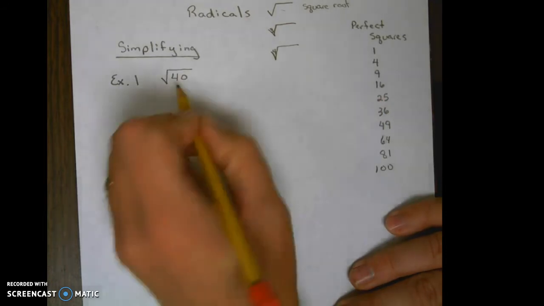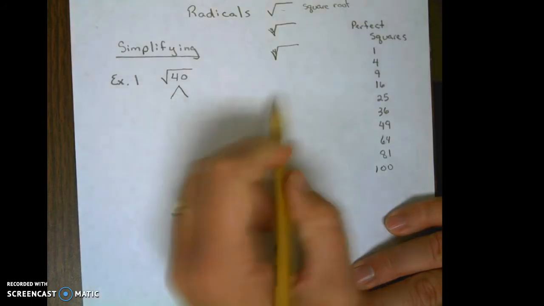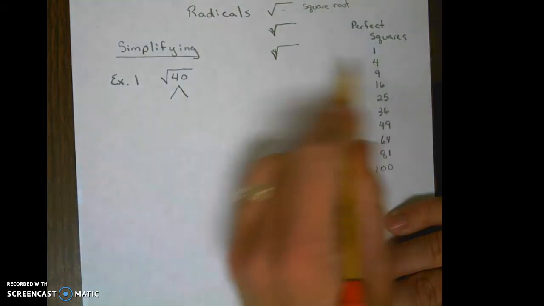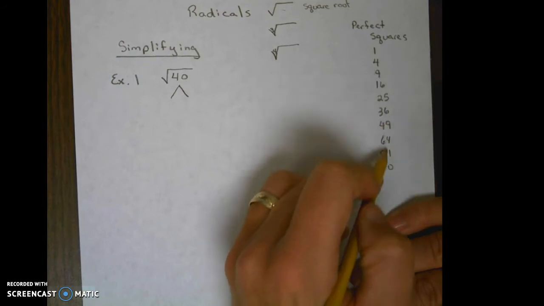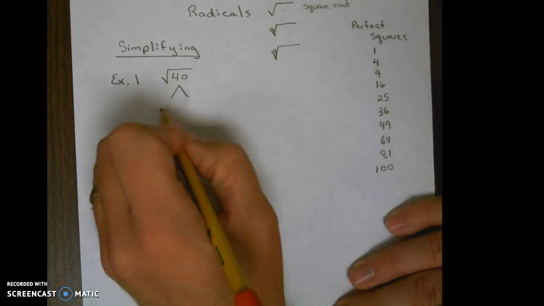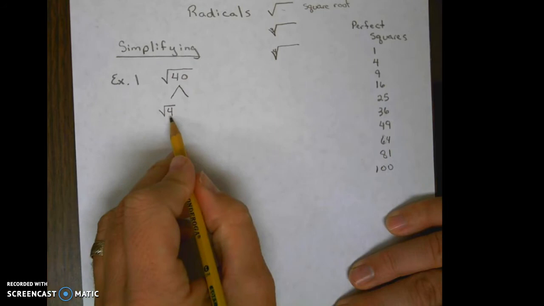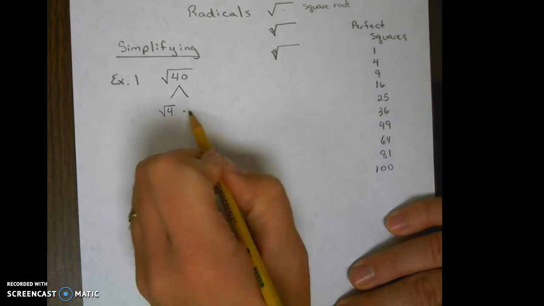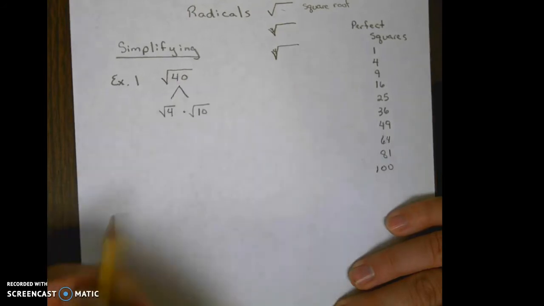You're going to break this down into 2 factors. So obviously 4 goes into 40. Anything larger than 4? No. So we're going to use the square root of 4 as one factor, times the square root of 10. 4 times 10 is 40.